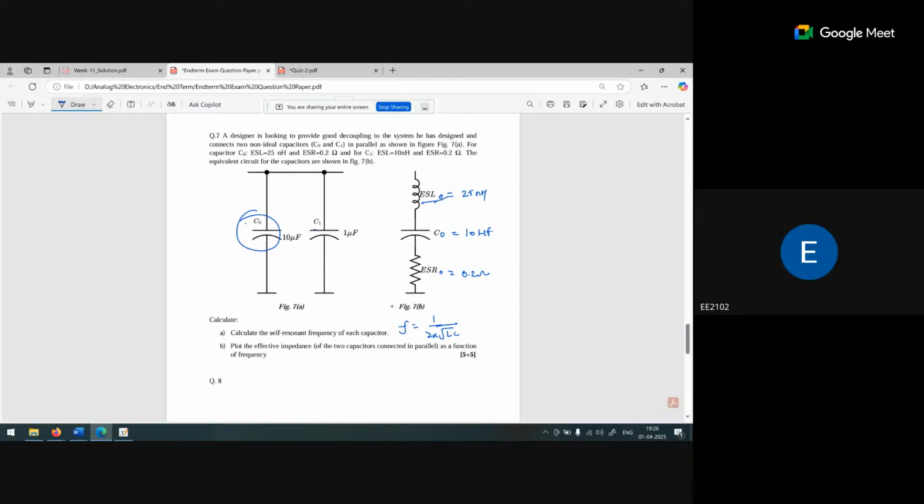So you use the L0 value and C0 value to calculate F0. Second, you have to calculate F1, that is equal to 1 upon 2 pi root of L1 C1.